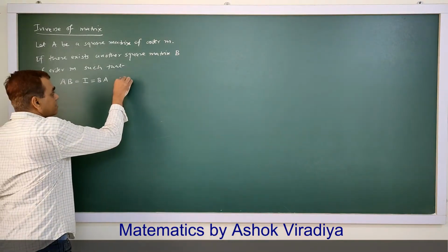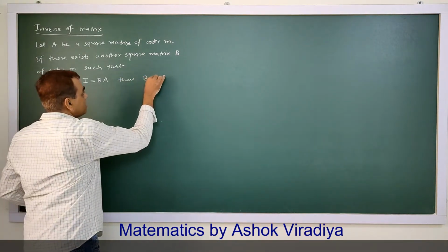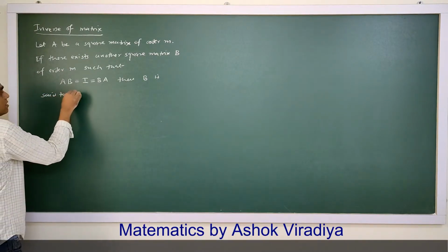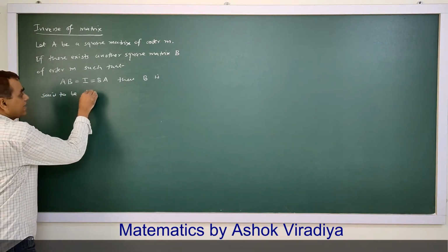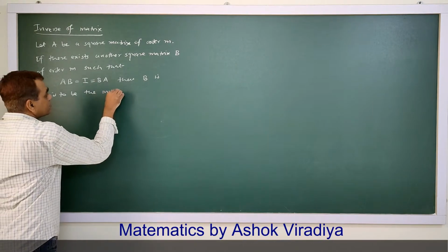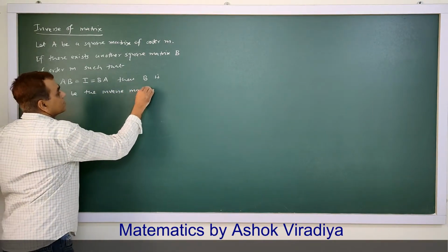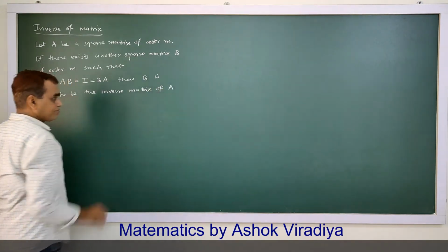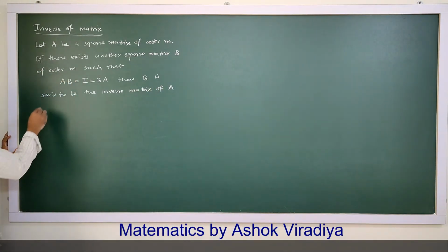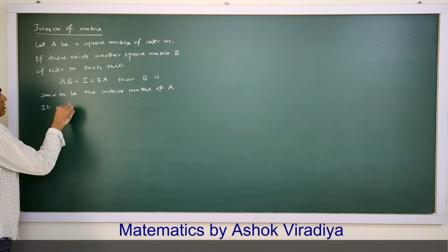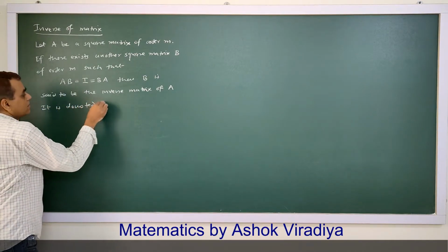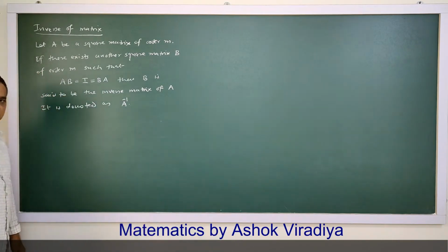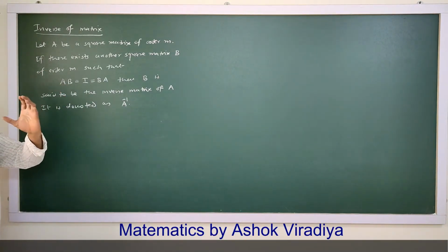Then B is said to be the inverse matrix of matrix A. It is denoted as A inverse. So here B is A inverse.